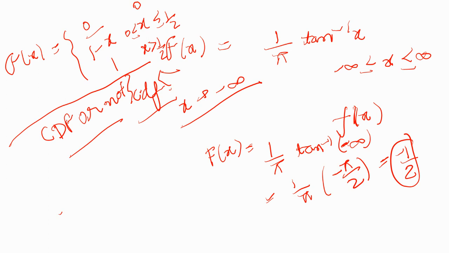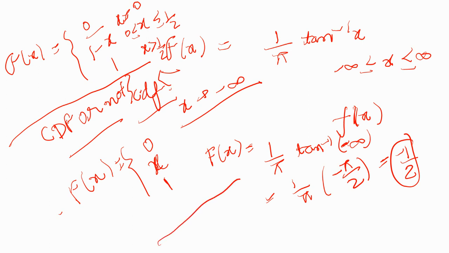Now, if we take a similar question with 0, x and 1, and we have the same values. Here it is right hand continuous at 0, since when x is equal to 0, it is 0, and here also it is 0. But when it comes to half, it is half, and for x greater than half, it is 1.